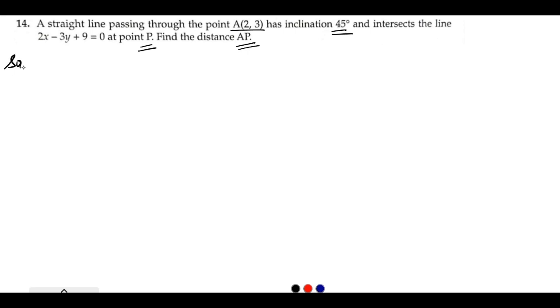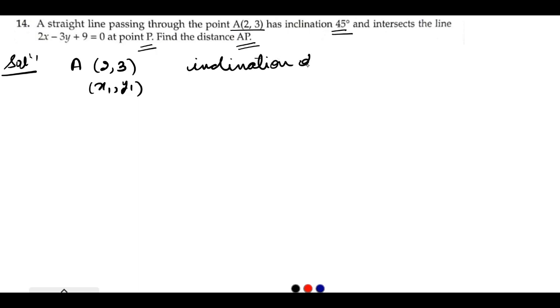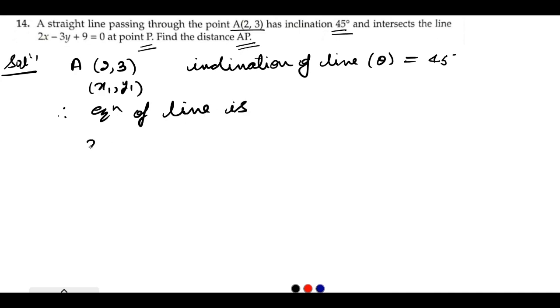Point A 2 comma 3, this is the point on the line, it means x1, y1, and inclination of line means theta is 45. Then equation of line in symmetrical form. First of all, we are solving by symmetrical form. That is x minus x1 upon cos theta is equal to y minus y1 upon sin theta is equal to r.